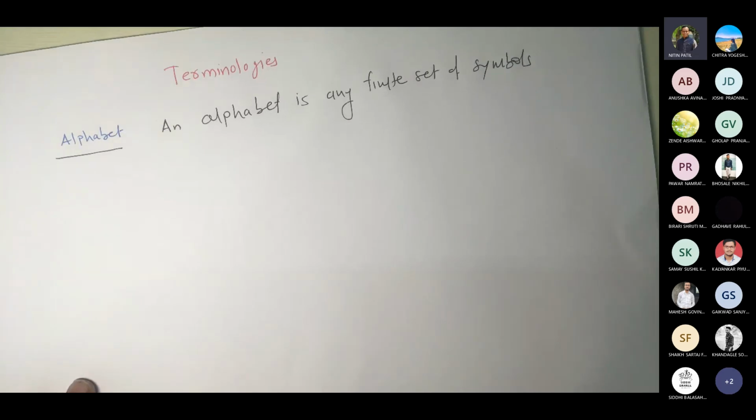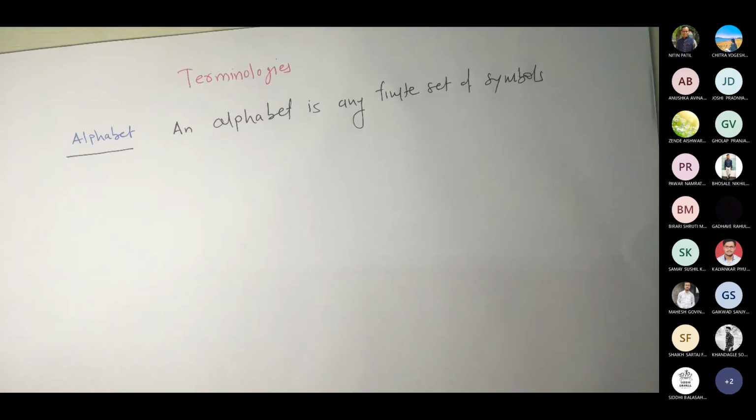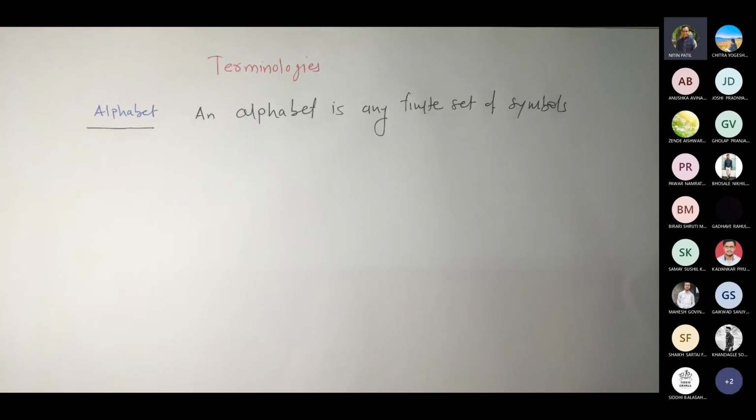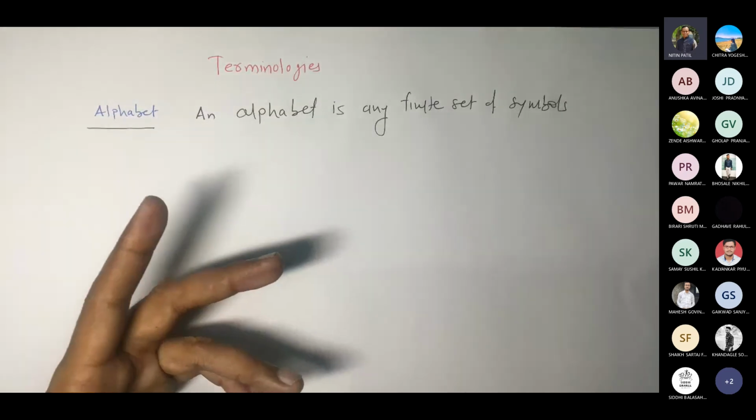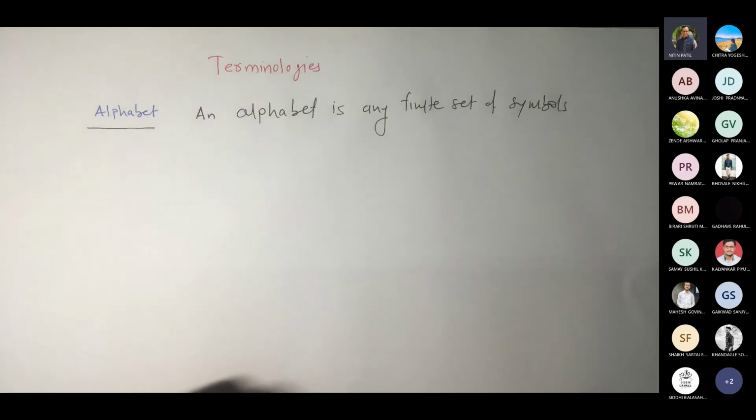Any finite set of symbols. When we say any finite set of symbols, what exactly does it mean? Those symbols could be numbers, like integers from 0 to 9, or characters from the English language.